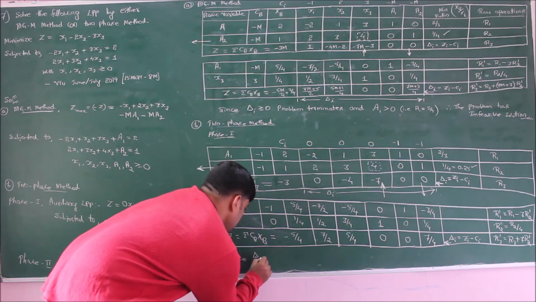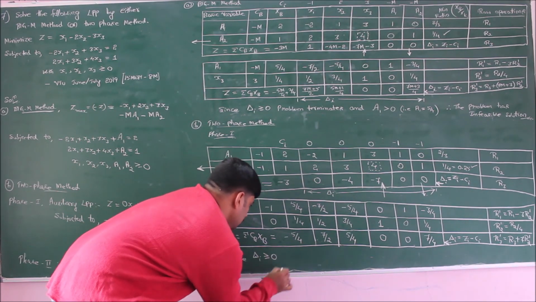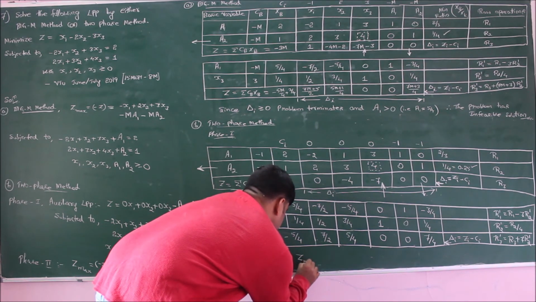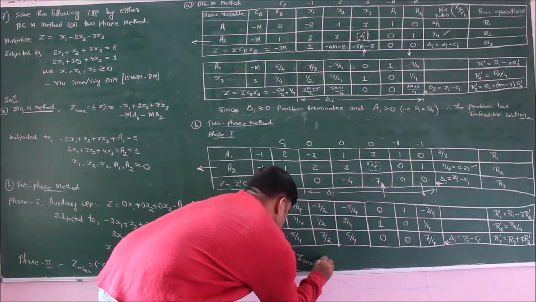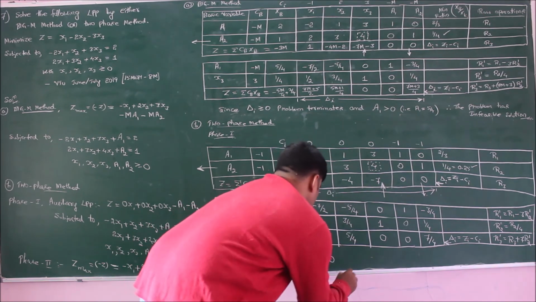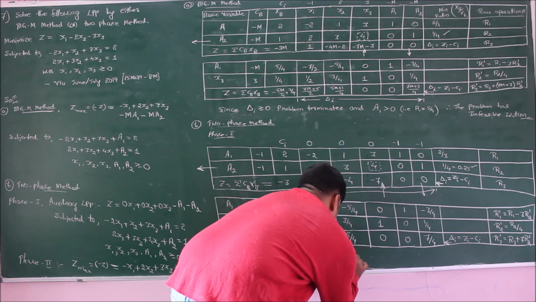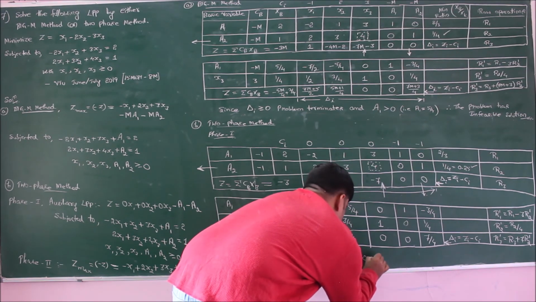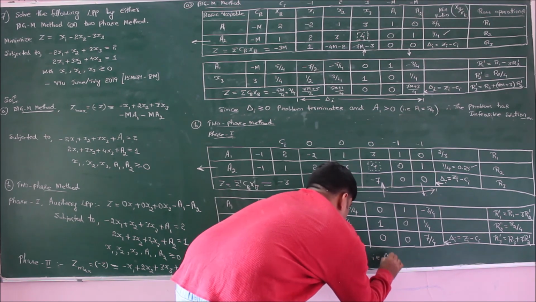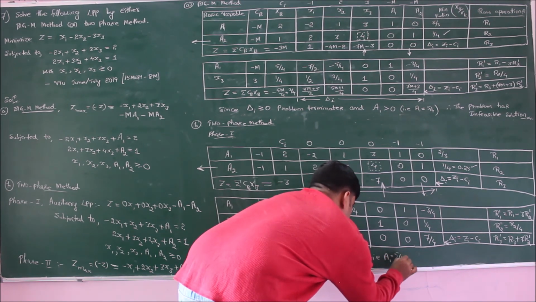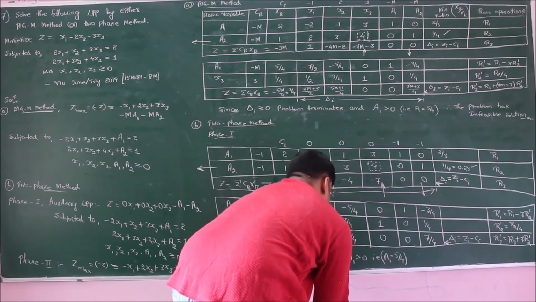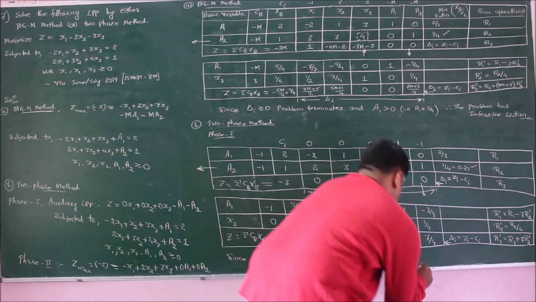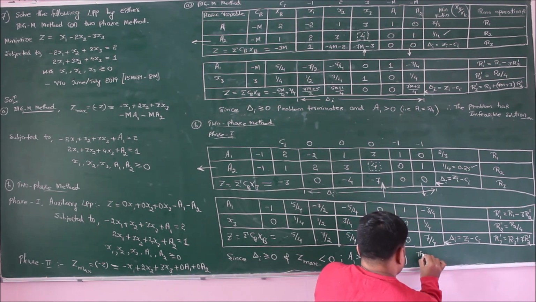Since the delta i values are greater than or equal to 0 and Z max is less than 0, also A1 is greater than 0, that is A1 is equal to 5 by 4, the problem has an infeasible solution.